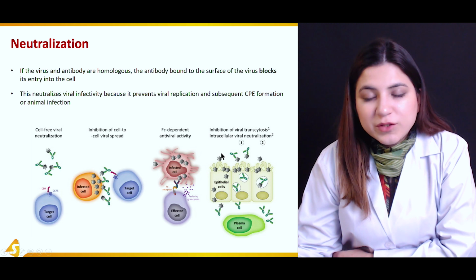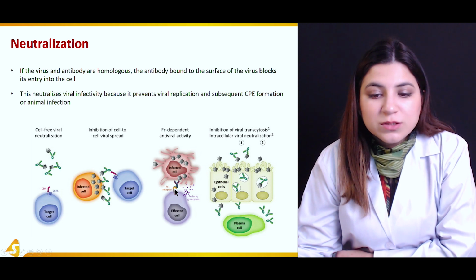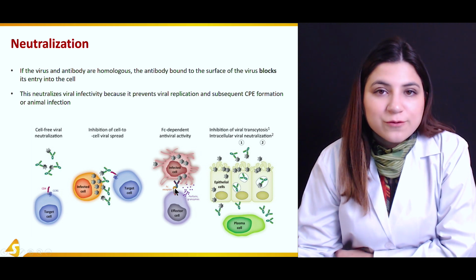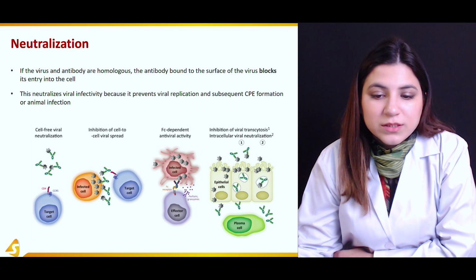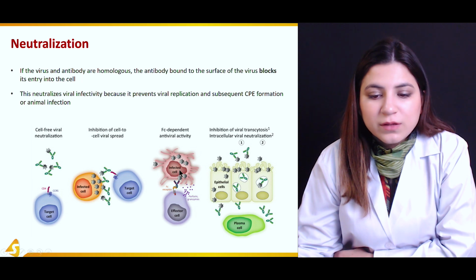Similarly, there are different receptors that can be blocked, and those receptors usually help the entry of the viruses. If you block those receptors, you can ensure that the virus is not spread further inside the cell.